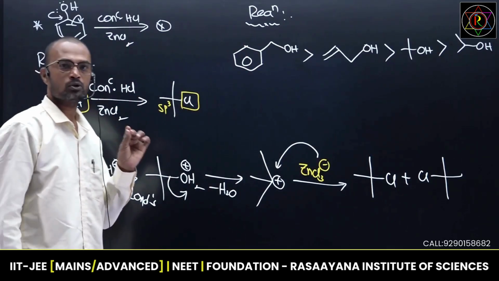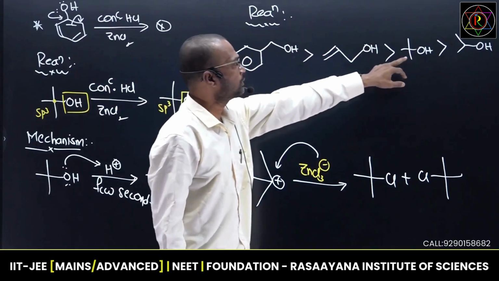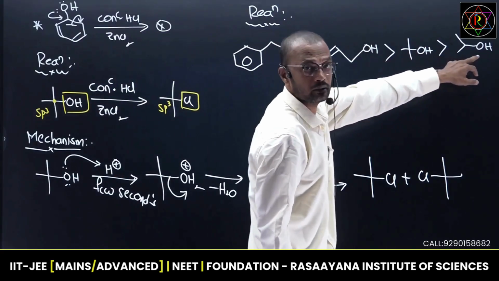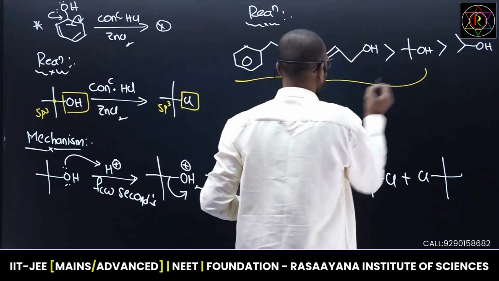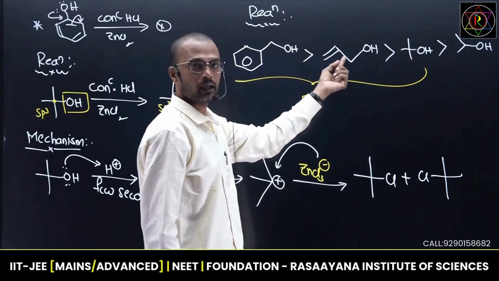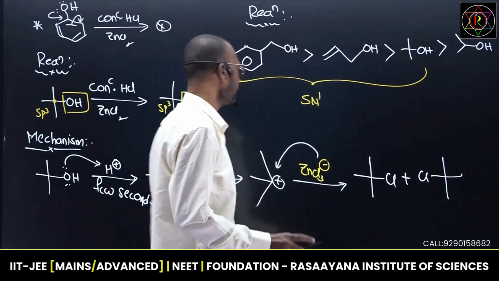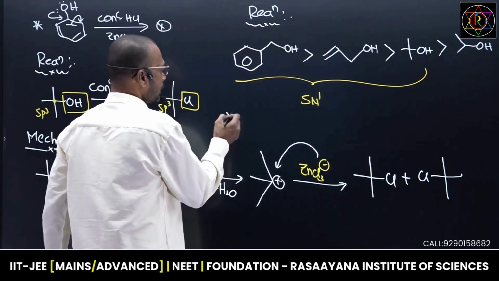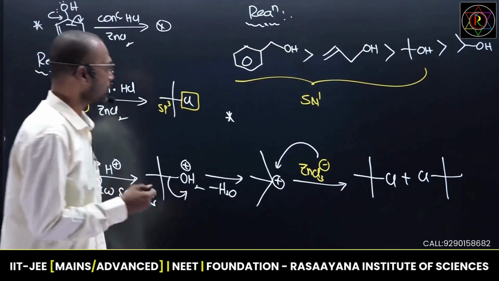It is a white turbid solution after getting the product. Benzyl alcohol, allyl alcohol, tertiary alcohol, and then followed by secondary alcohol. All of these give an SN1 type of reaction in the Lucas test. Benzyl is more rapid as compared to allyl. Allyl is much faster than tertiary, followed by secondary. If I take any primary alcohol, it doesn't show this particular character.